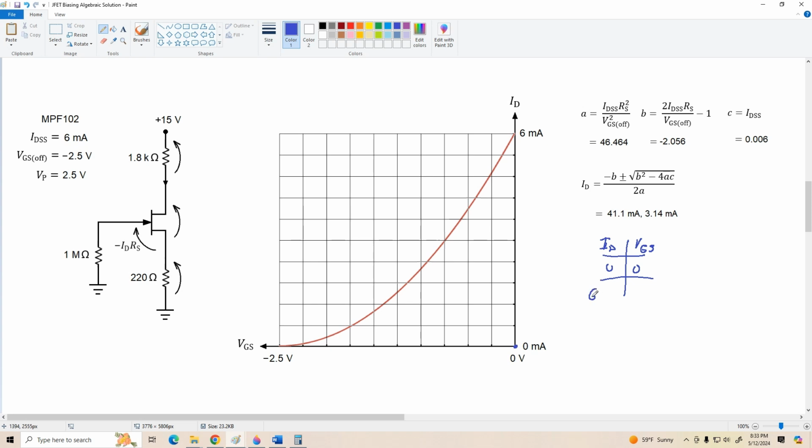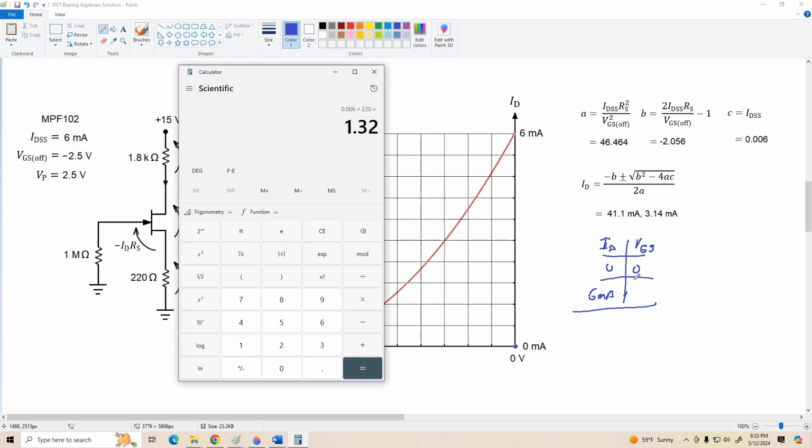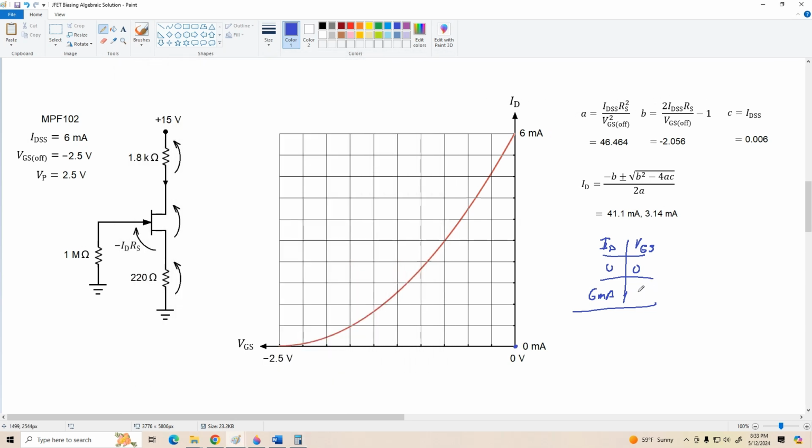That's 6 milliamps, and that gives us a VGS of 0.006 times 220, which is 1.32. So we'll have a VGS of negative 1.32 volts.